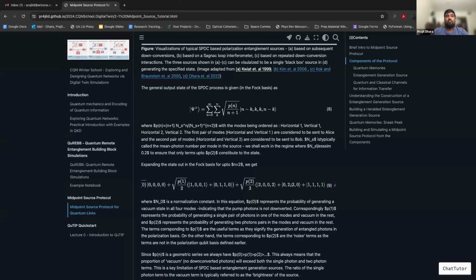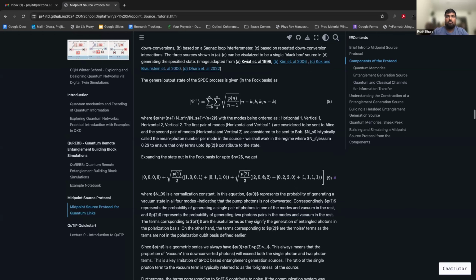For this state, loss does not only reduce our rate. If I have loss on one arm, with the probability of the photon being lost, I'm not ever going to get a Bell pair. One half of it will be lost, but also with an equivalent probability, I will have the detrimental term of one of these photons being lost from the |2,0> or |0,2> or even the |1,1> state.